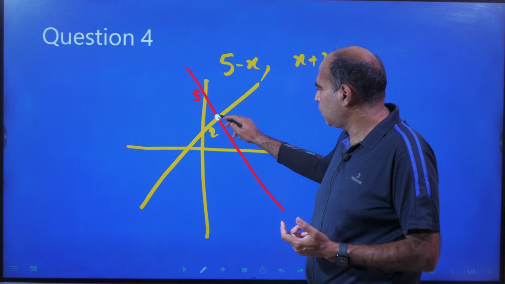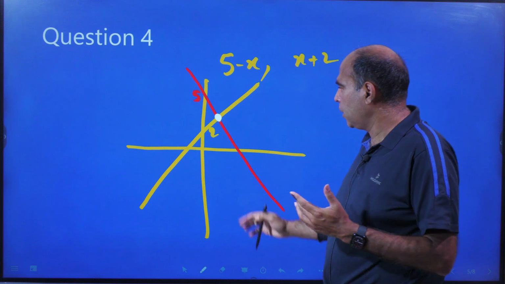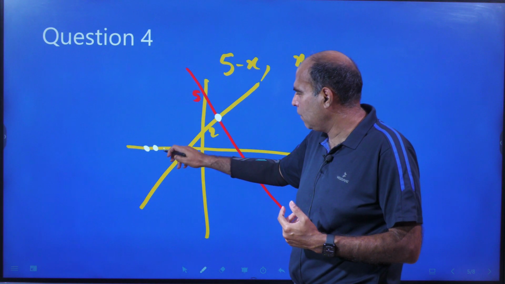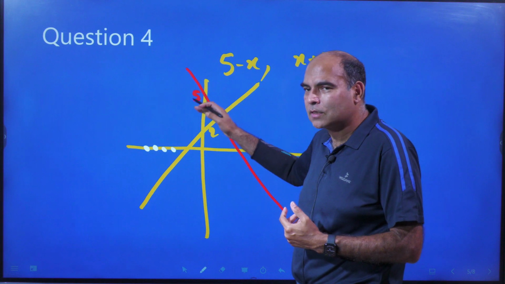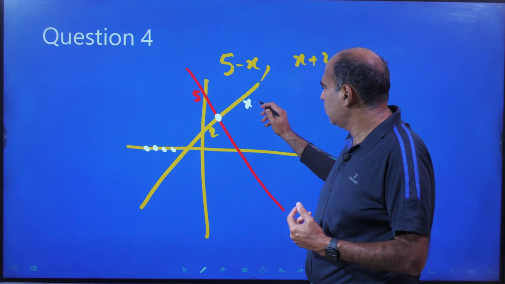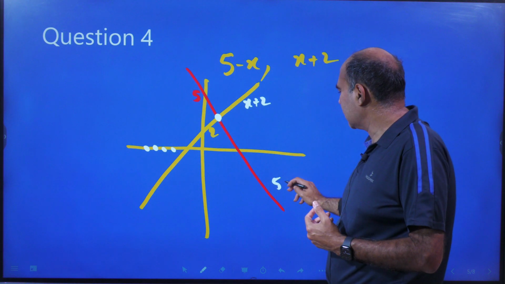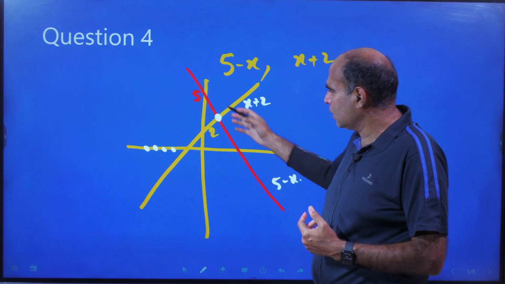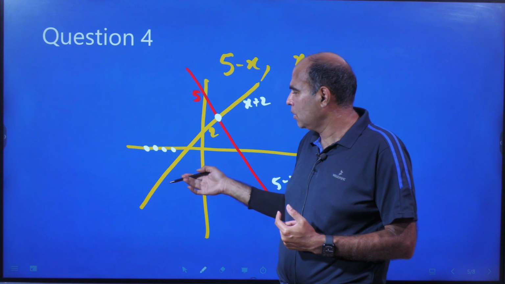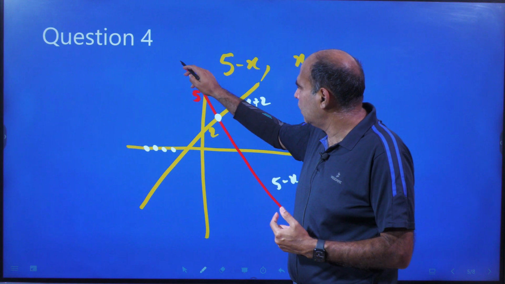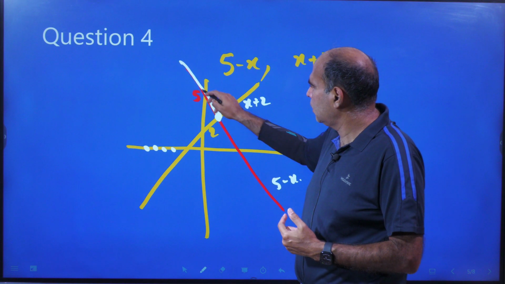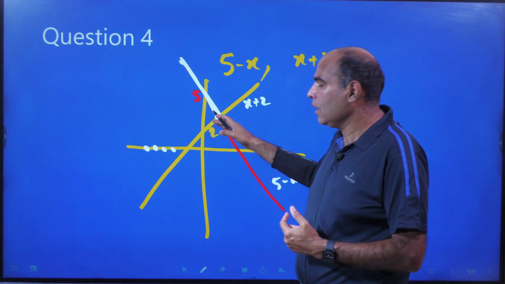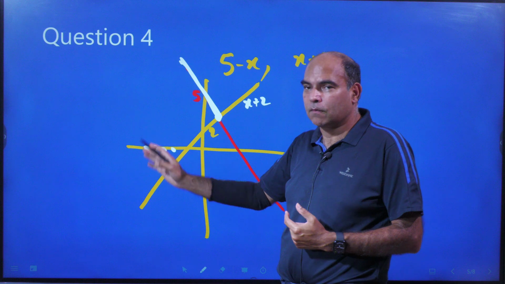So again, this point becomes the turnaround point. Before this point, at any value of x, when the g(x) function tests x plus 2 or 5 minus x, it will find that the red line representing 5 minus x will be at a higher value than x plus 2, and hence the g(x) function will obey the red line, not the yellow line, on the left side of this.